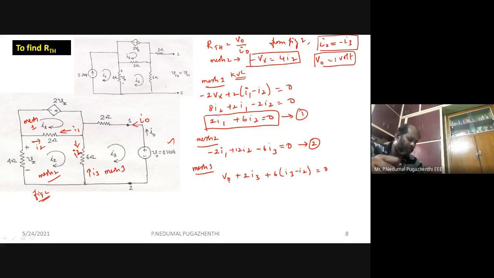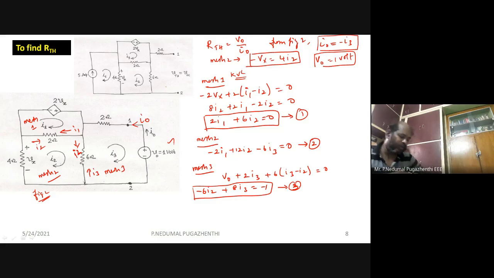I know what V naught is, so I substitute that 1 volt and take it to the other side, I will go minus 1. So I will get minus 6 I2 plus 8 I3 is equal to minus 1. So this is my third equation.